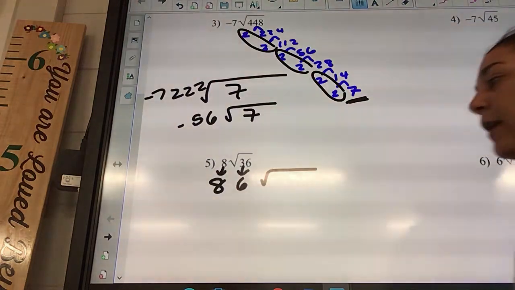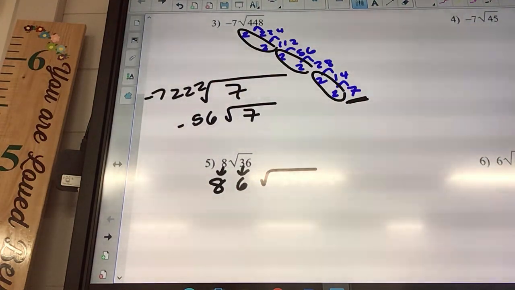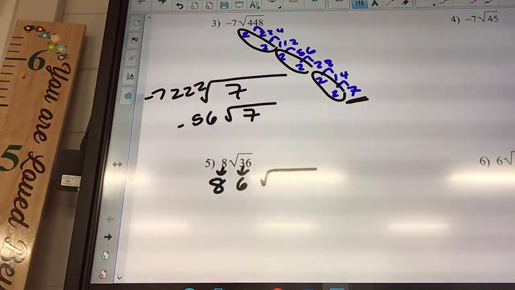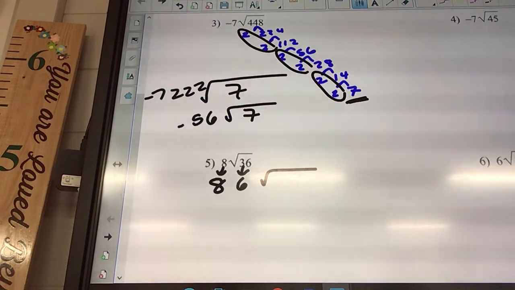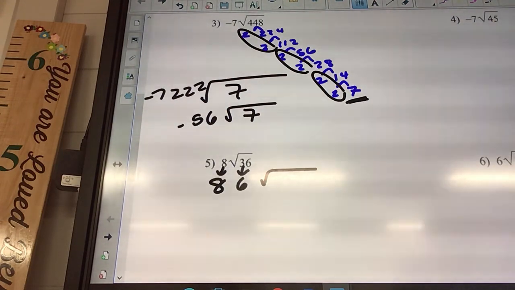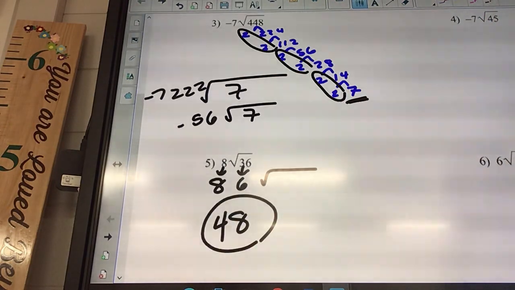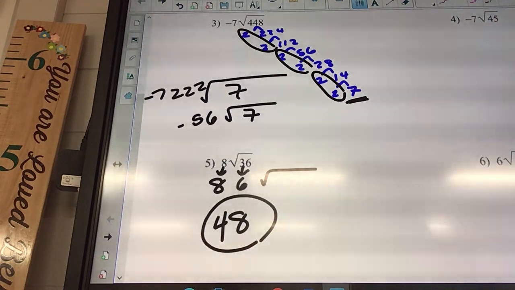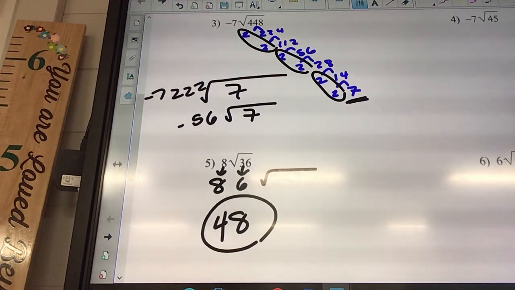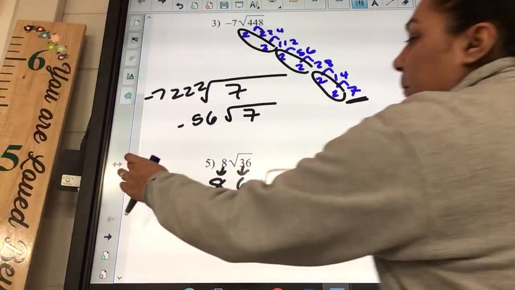No. So the radical was empty. So the square root of 36 is just 6. And then what is 8 times 6? 48. The only reason I know that is because if you look at number 1, we did that radical, we made the tree, and we got a 2 and a 3 on the outside, or a 6.